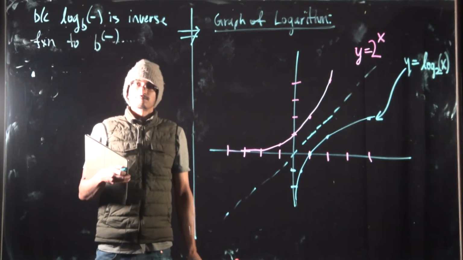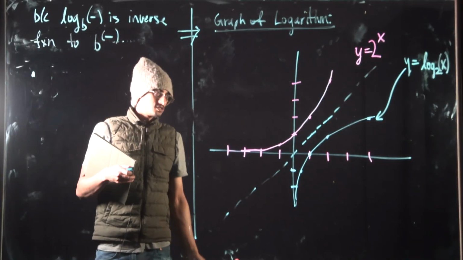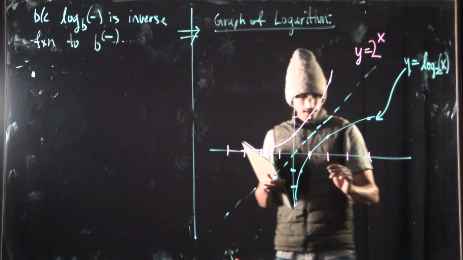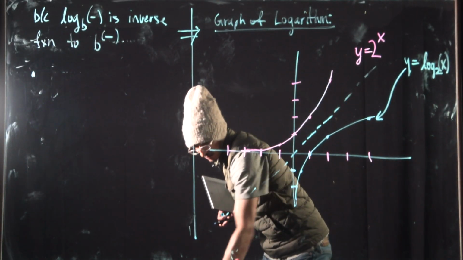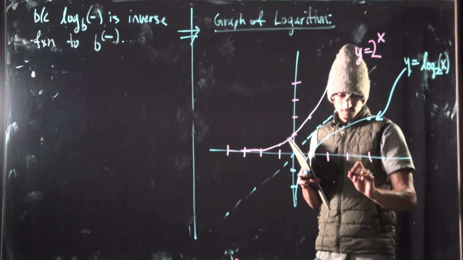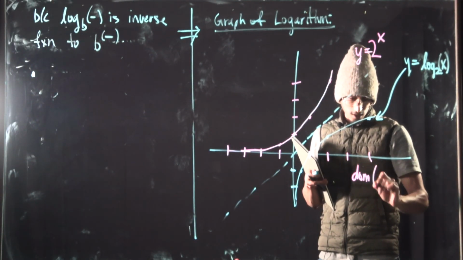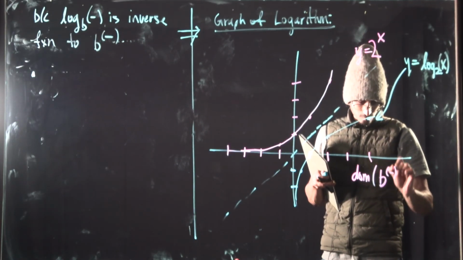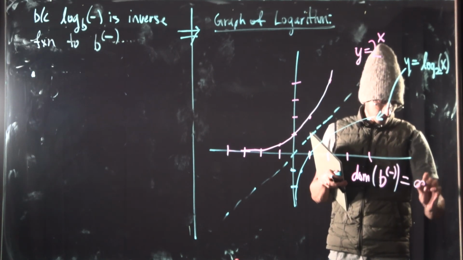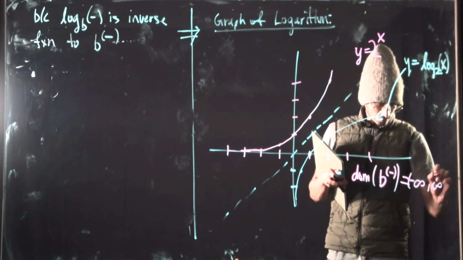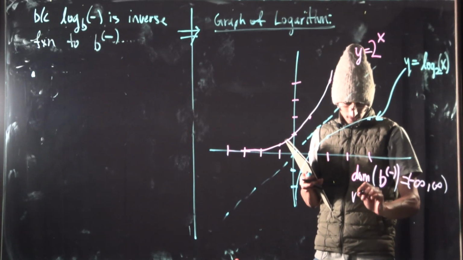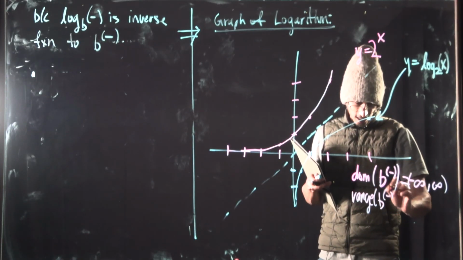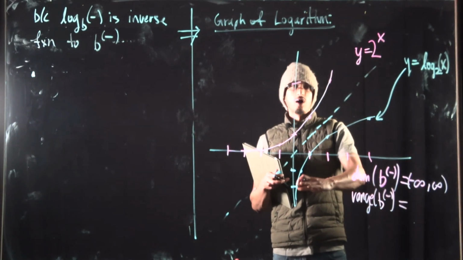The first consequence is the domain and range. So we have that the domain of the exponential function is everything, and the range of the exponential function is all positive numbers.